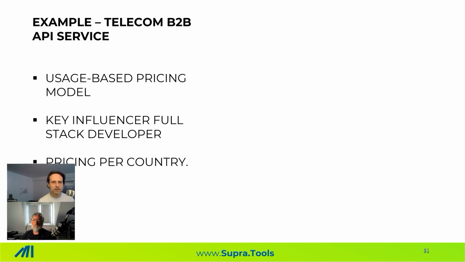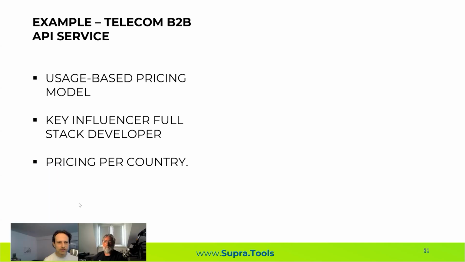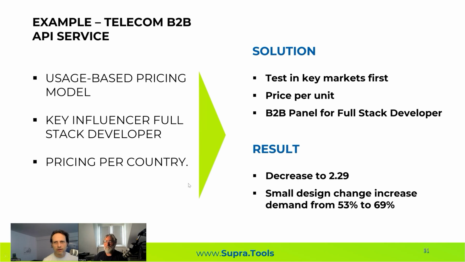Next example is a telecom B2B API service. It's basically a usage-based pricing model. The key influencer in the B2B buying center is the full stack developer, and they need different pricing per country.